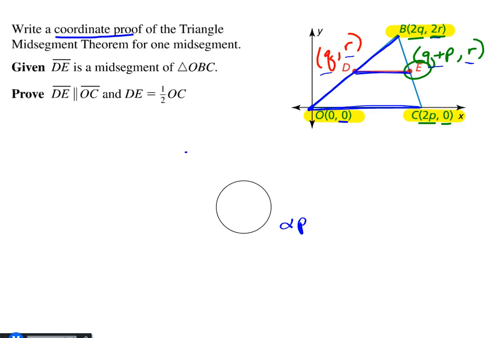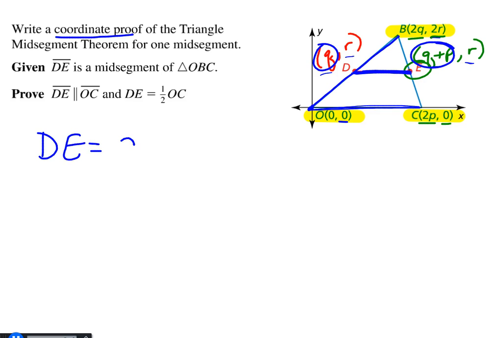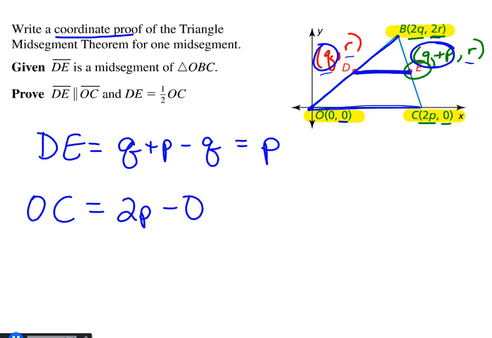The next thing we want to do is find the length. Well, the nice thing about finding the length of a horizontal line is you just need to subtract the x's. So the length of DE is going to be Q plus P, because that's obviously the larger, it's further to the right, minus Q equals P. So DE has a length of P. OC, our y values are 2P, our x values are 2P and 0, so it has a length of 2P.